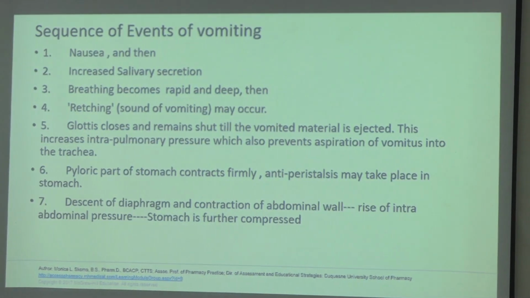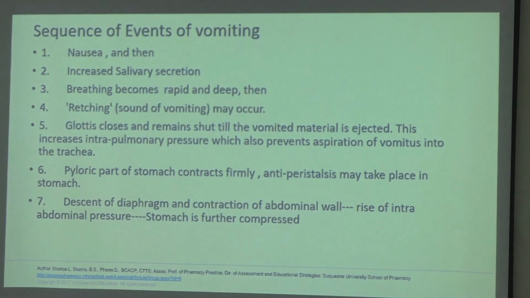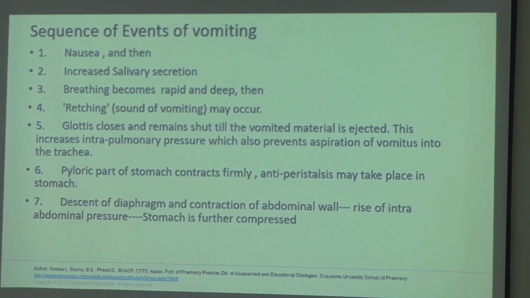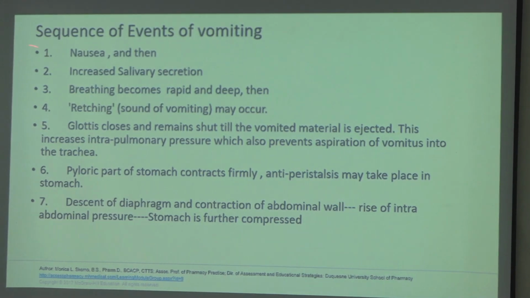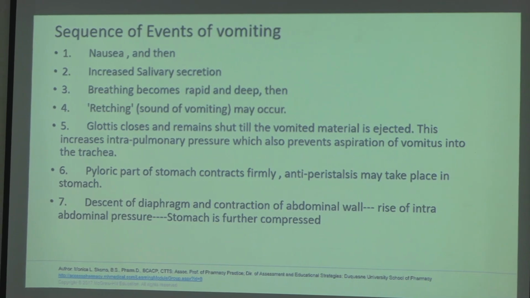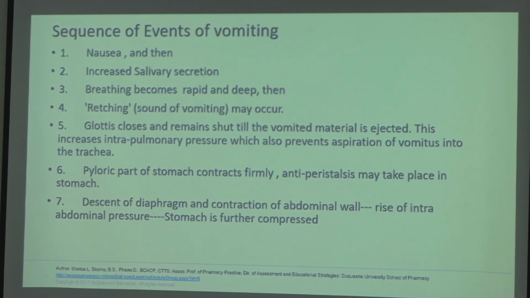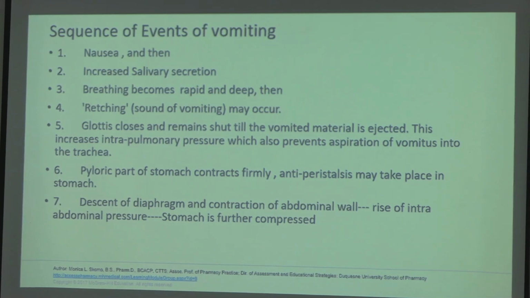Sequence of events. How it starts. Initially you will be nauseated, and this nausea will cause increased salivary secretion. Then your breathing will be increased. It will be fast and deep.